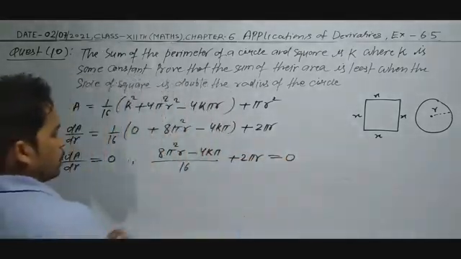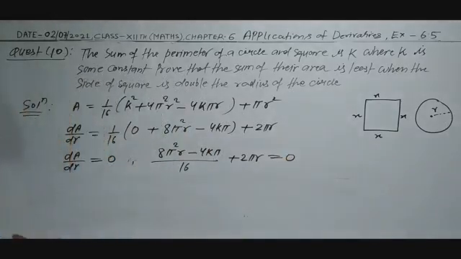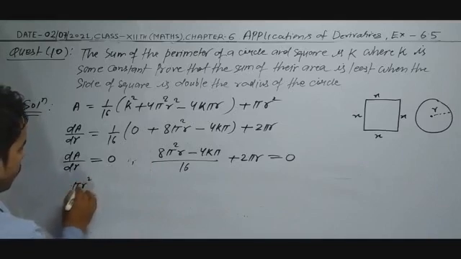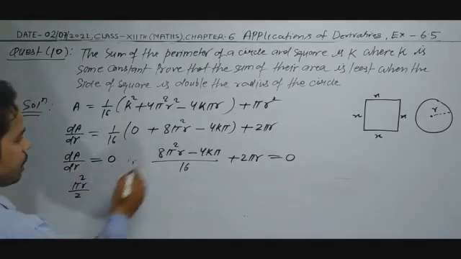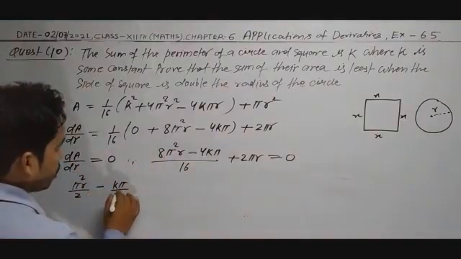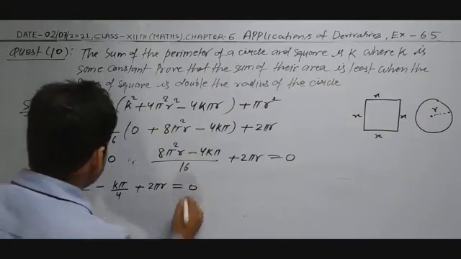Now the expression will be, divide by 8, pi square r by 2 minus k pi by 4 plus 2 pi r is equal to 0.